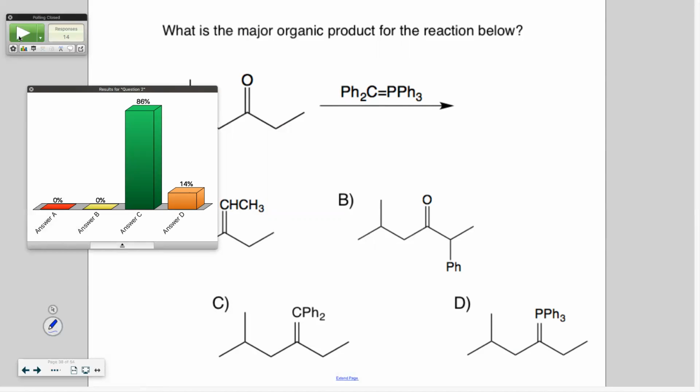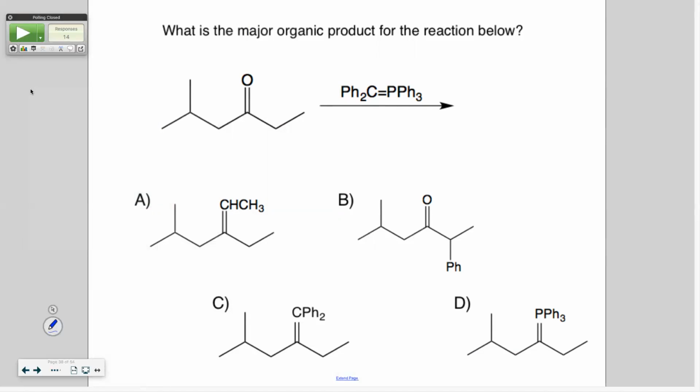Yep, it's C. I think you got it. Okay, so we're going to lose this. That's going to end up on this. Okay, so you're going to get, okay, and this are going to make that double bond.